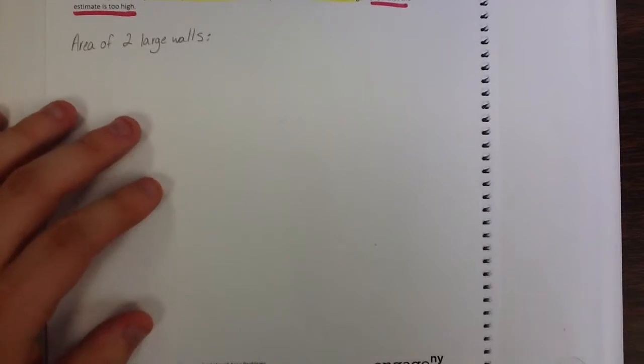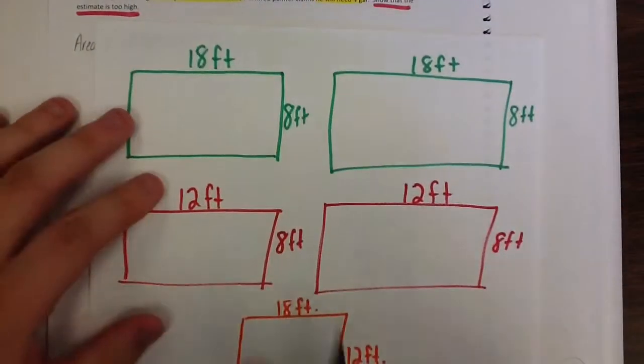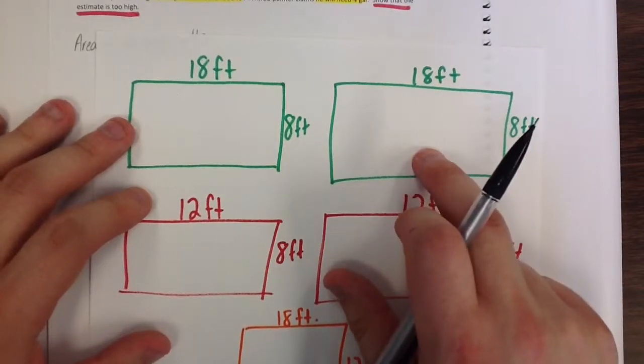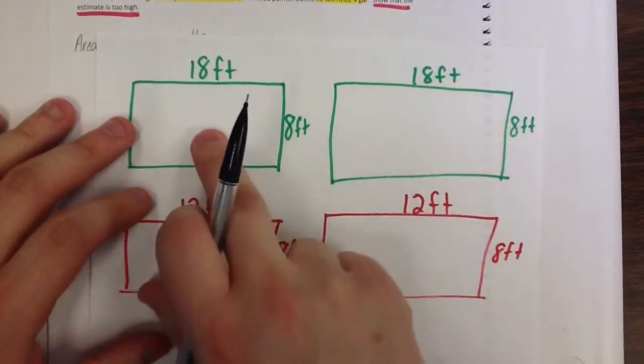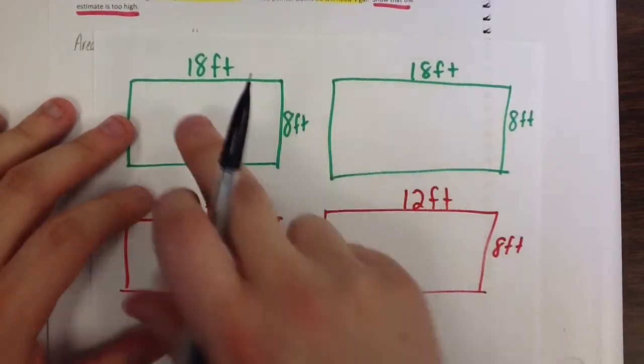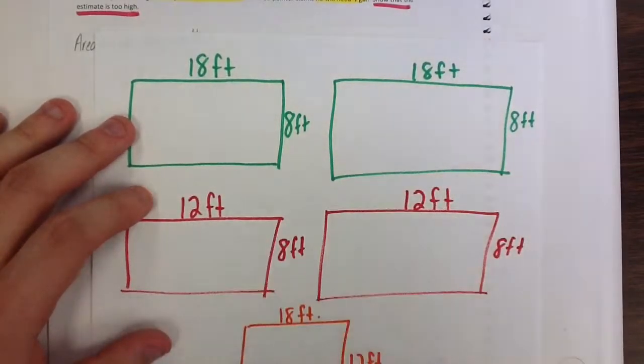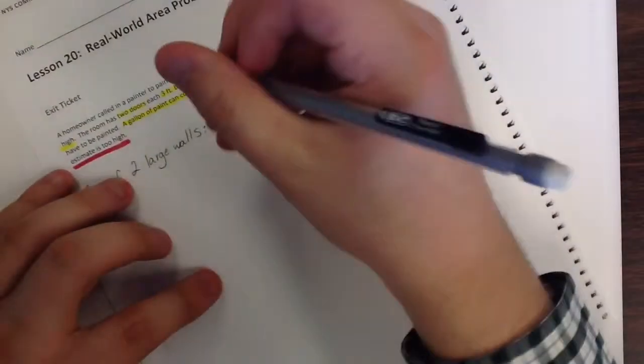To find area, it's length times width. But I have 2 walls that are exactly the same size, so I can just multiply my answer by 2 to get these areas put together.